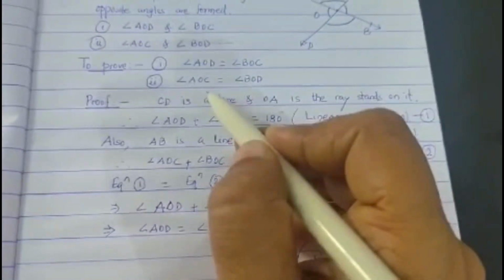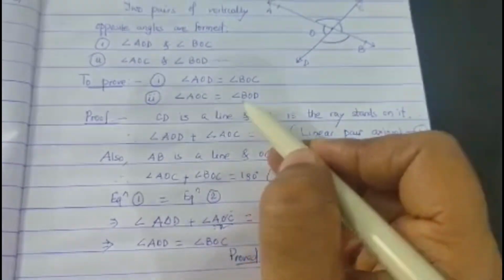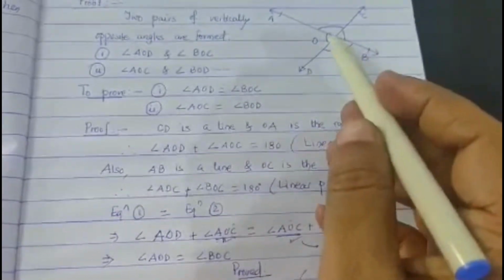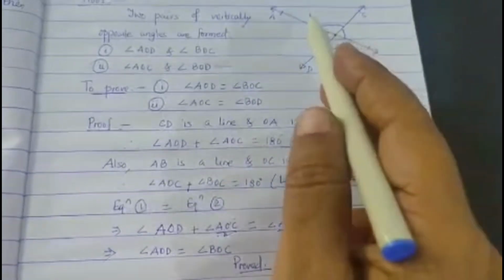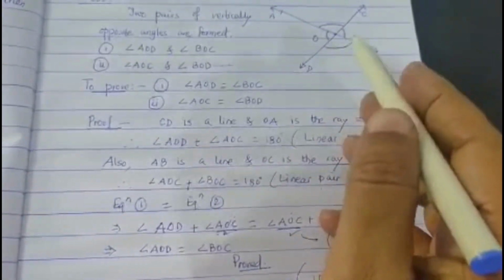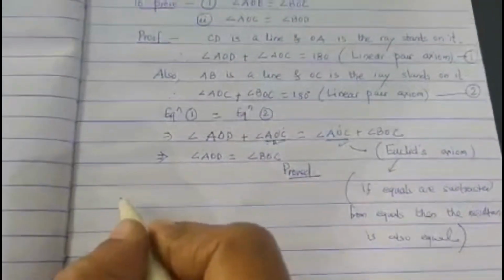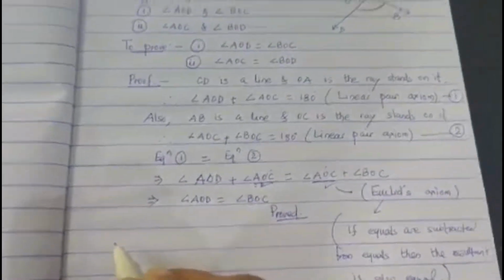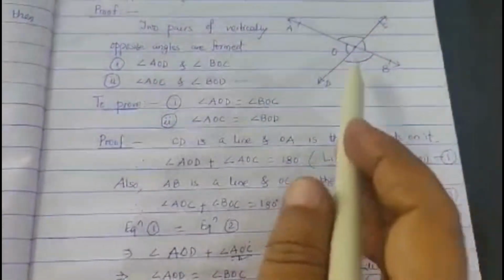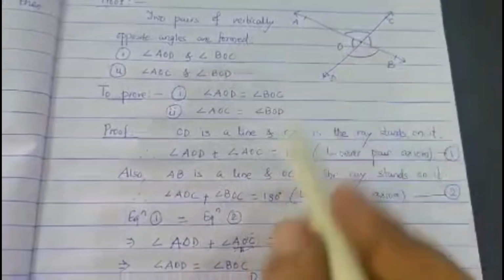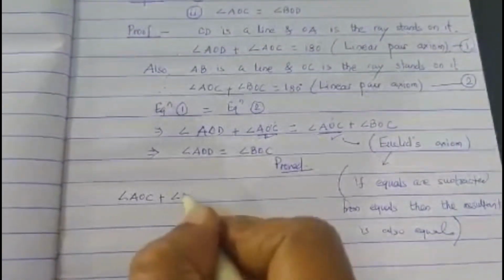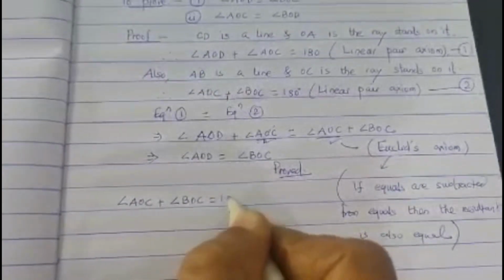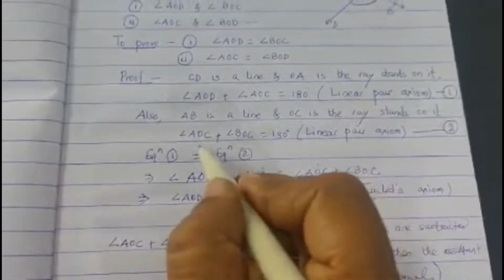Now the second one is angle AOC and angle BOD. Now this we can also prove from the same figure. Alright, first we will take these two angles and then these two angles. So AB is a line, and angle AOC plus angle BOC is equal to 180 degrees. We have already written it here.